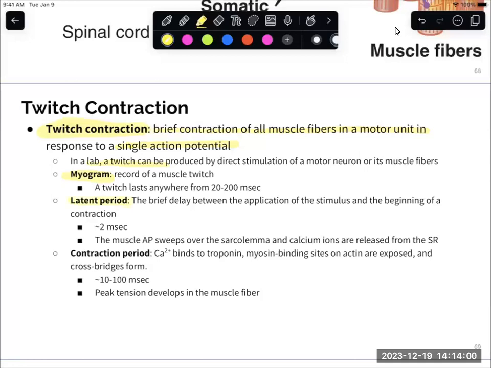We're going to have that latent period, that brief delay between that stimulation and that muscle contraction, about 2 milliseconds. And it has to do with that action potential, those calcium ions being released from that sarcoplasmic reticulum, even that space between that nerve and that muscle cell, that acetylcholine has to diffuse across.